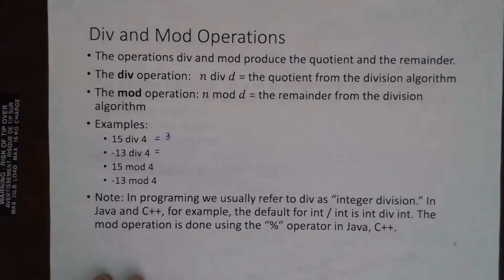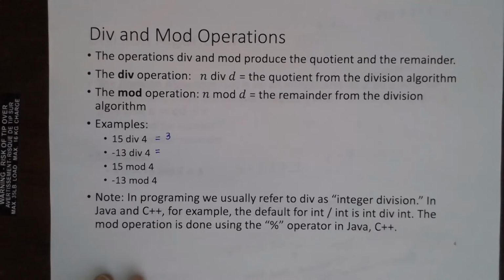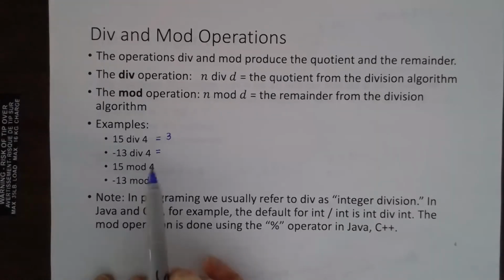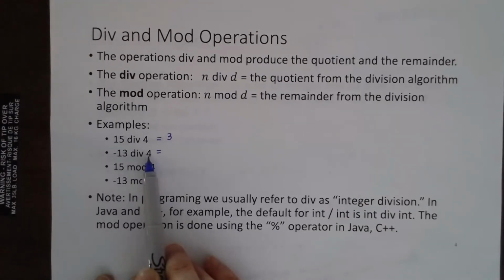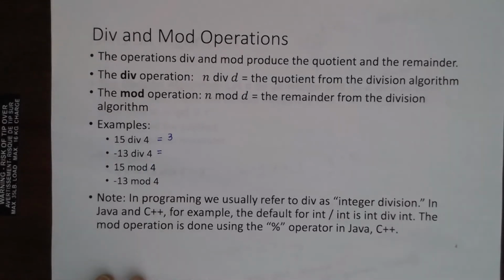And then we've got the tricky one. How about negative 13 div 4? Is it negative 3? 4 times negative 3 is negative 12, and what would I have to add as a remainder?